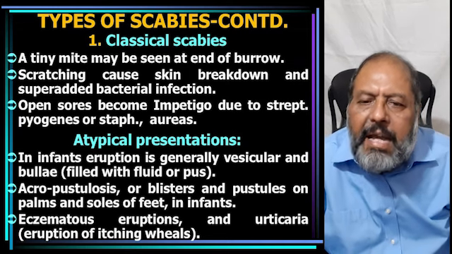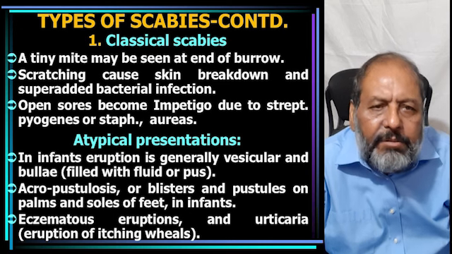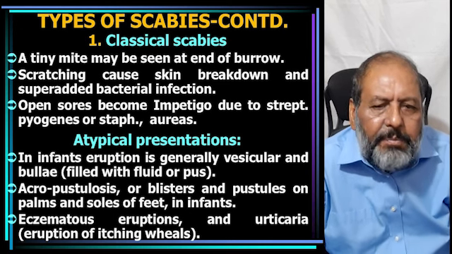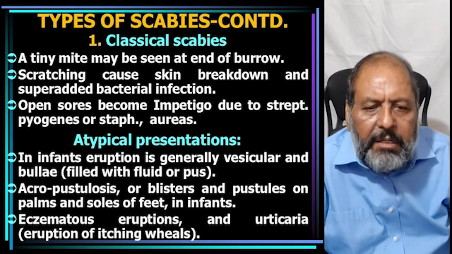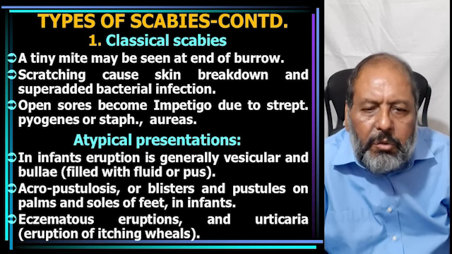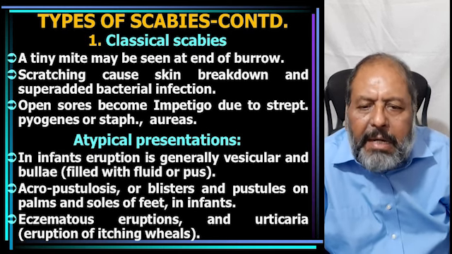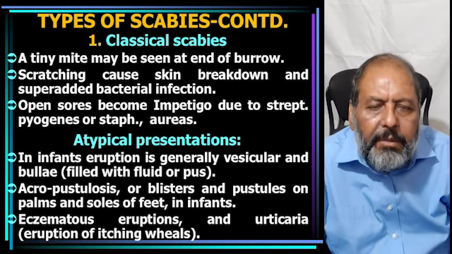Now, a tiny mite may be seen at the end of the burrow in classical scabies. Scratching causes skin breakdown and superadded bacterial infection, as I have already told you, and it leads to open sores that become impetigo due to Streptococcus pyogenes or Staphylococcus aureus infection.